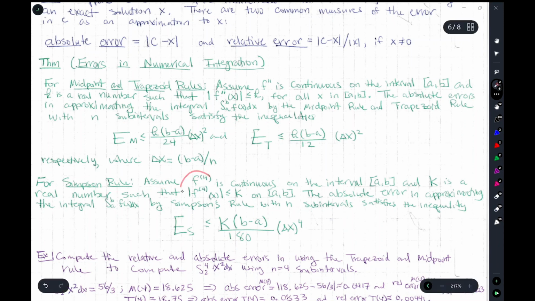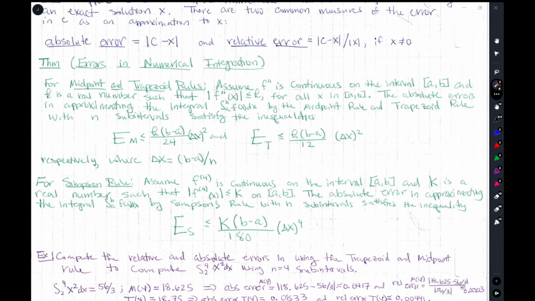For Simpson's rule, it's a little more complicated. Here we take the fourth derivative, and the fourth derivative needs to be continuous. And we bound the fourth derivative by this capital K, some real number. And so the absolute error using Simpson's method is bounded by this value. Bounded means it's not equal to that.